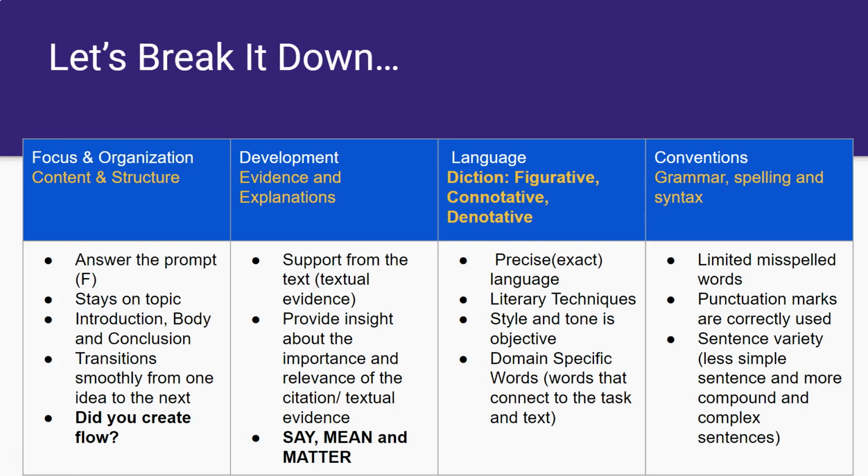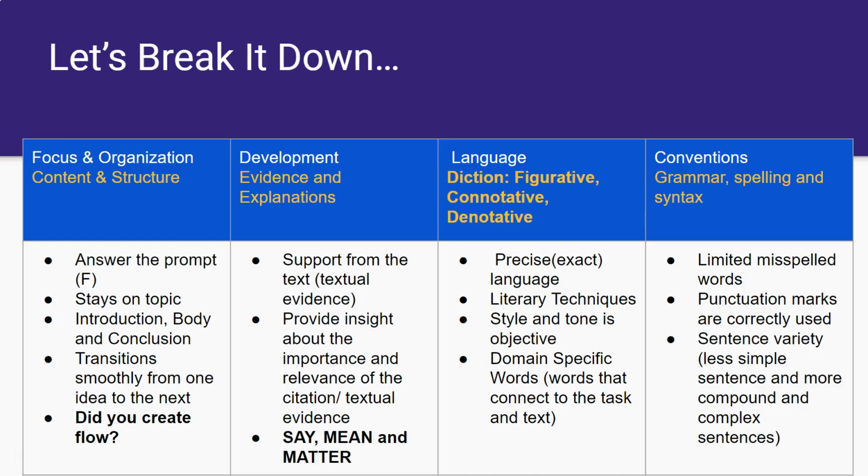So then when we're talking about development, it is your evidence and your explanations. This is where the meat and the heart of your essay will flourish. The development happens in the body. So again, we'll talk more about that in our other videos.